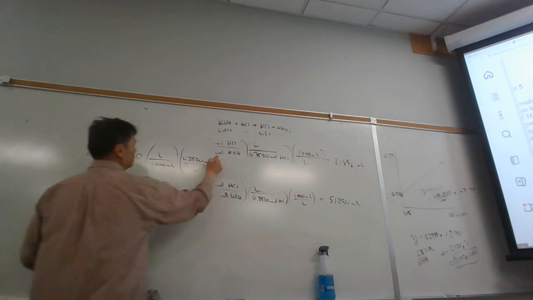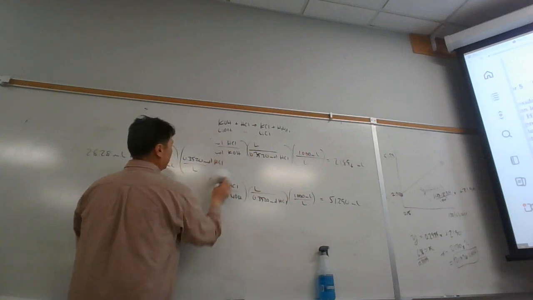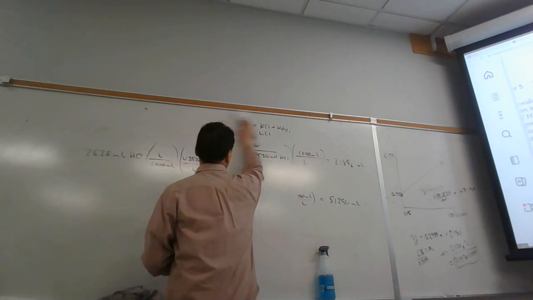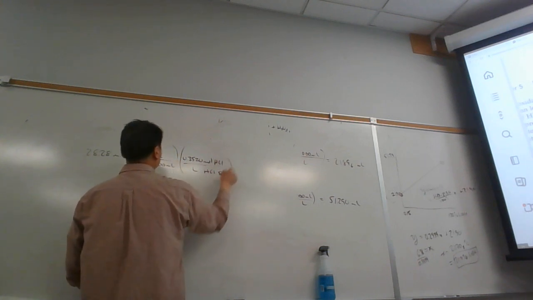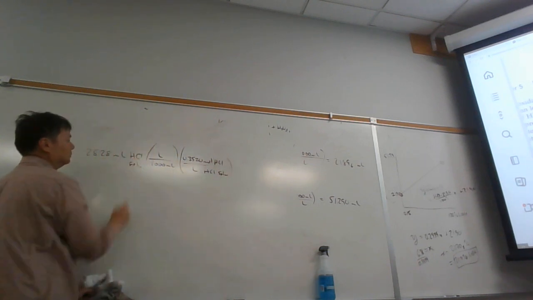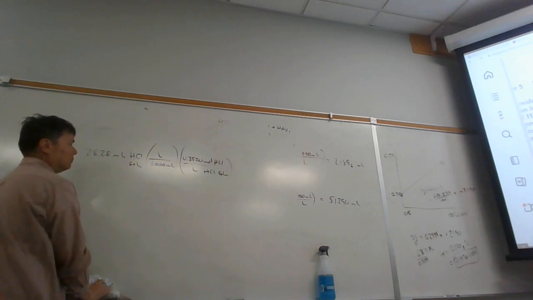This would be moles of HCl per liter of HCl solution. And then I did 1 mole of HCl to 1 mole of potassium hydroxide.